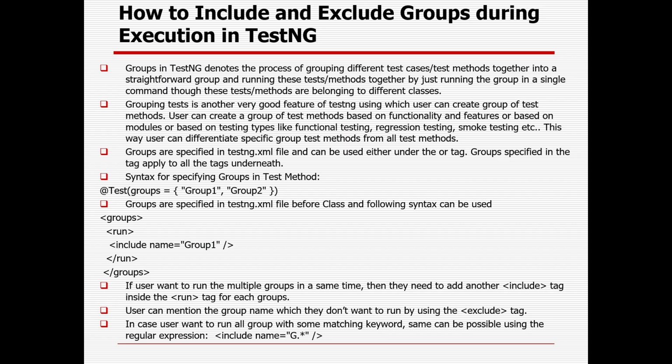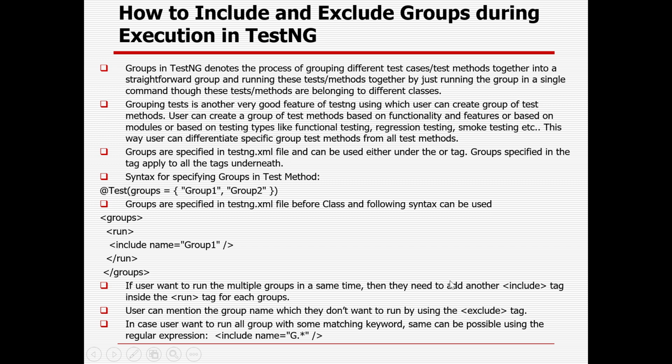If a user wants to run multiple groups at the same time, they need to add another include tag inside the run tag for each group. The user can mention the group name which they don't want to run by using the exclude tag. In case the user wants to run all groups with some matching keyword, the same is possible using a regular expression, that word and then dot star.